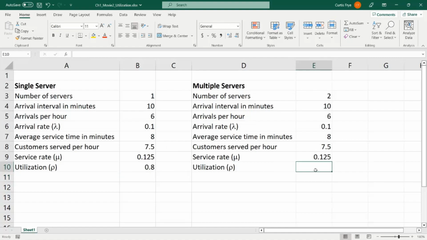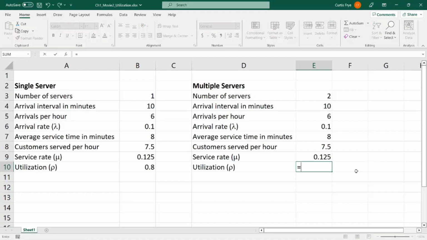Now for utilization, we need to multiply the customers served per hour by the number of servers. So intuitively, it makes sense that we should expect the utilization for 2 servers to be 1/2 that of the utilization for a single server.